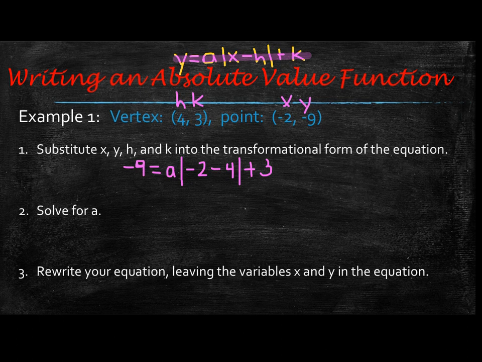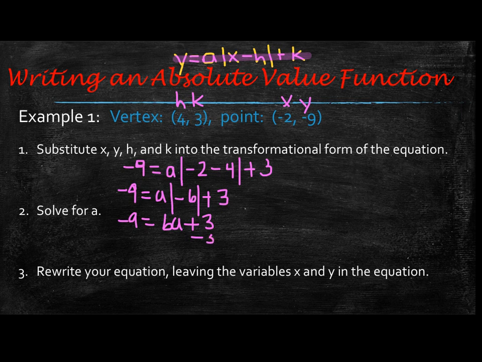We've got -9, solving for a, equals a times the absolute value of -2 minus 4, which is -6, and then plus 3. The absolute value of -6 is 6, so we're going to have -9 equals, let's go ahead and reverse that, 6a plus 3.